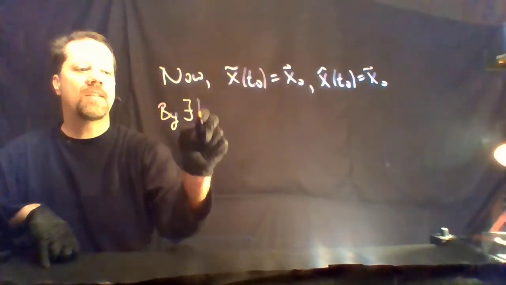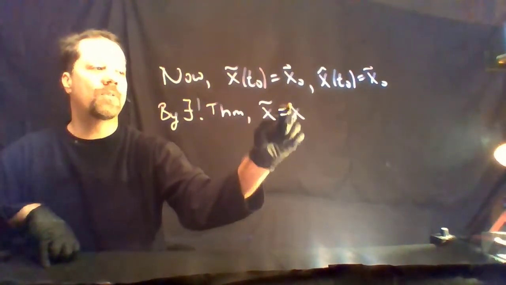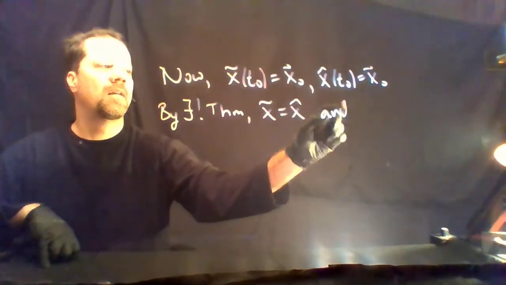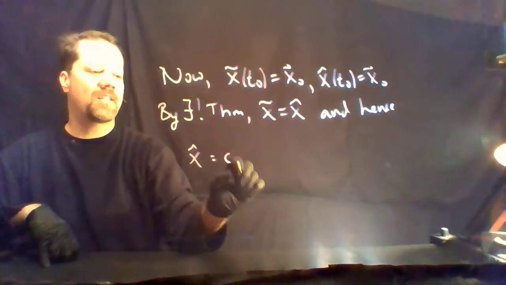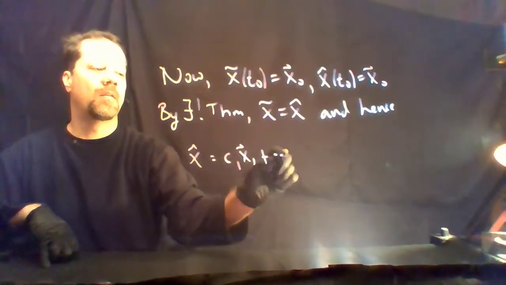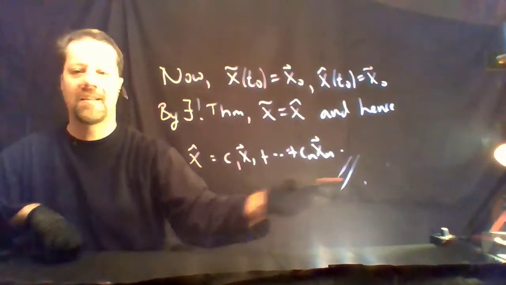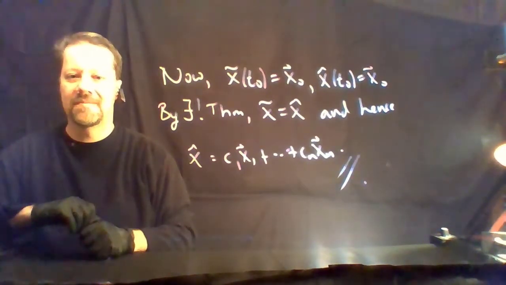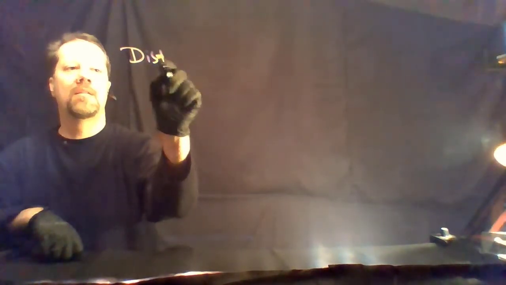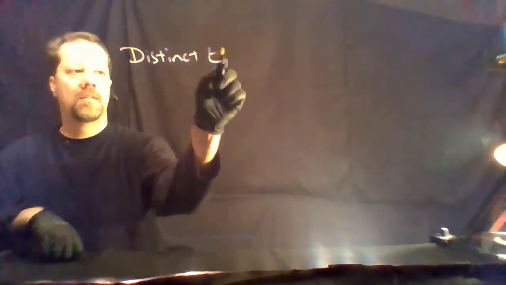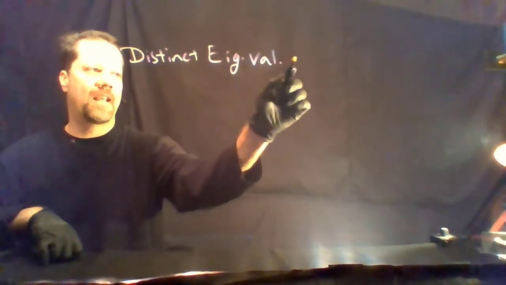So by the existence uniqueness theorem, x tilde equals x hat, and hence x hat is c1 x1 through cn xn, and the proof follows. We now know exactly what to do in the distinct eigenvalue case.